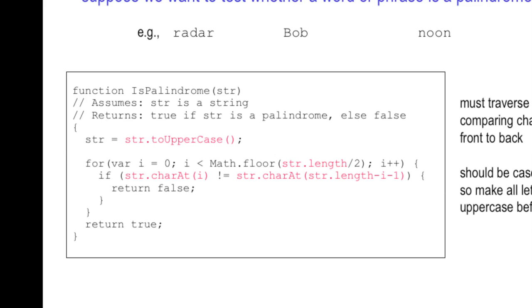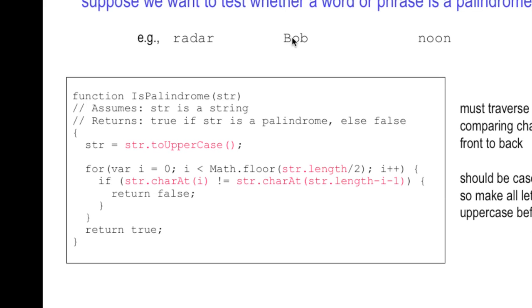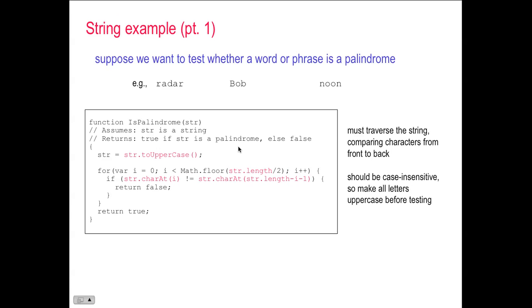If it is equal, then you're good. So B is equal to B, O is equal to, oh, it's a palindrome. Same thing here. So this character is equal to this character, and this character in the middle is equal to itself. So we can come out with a nice little functionality with that.